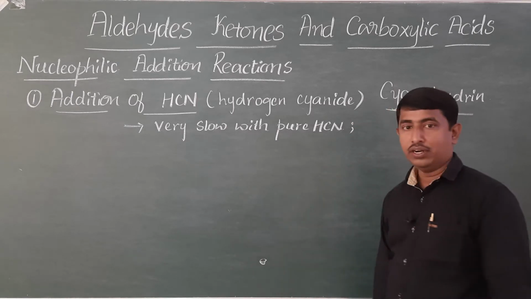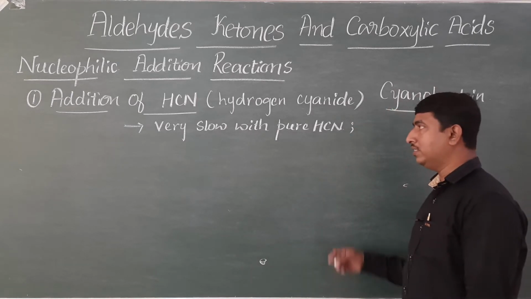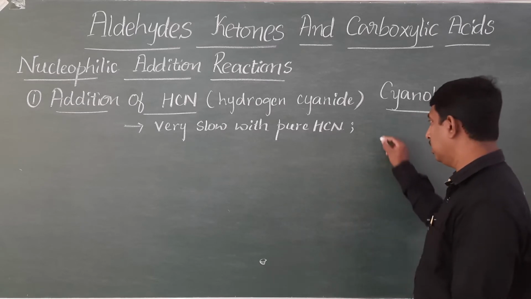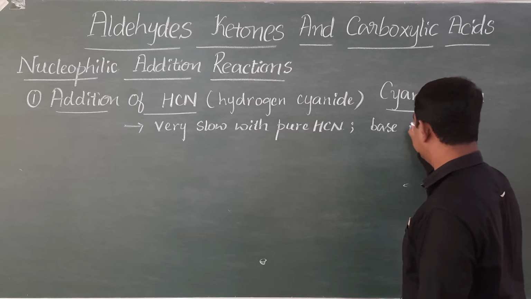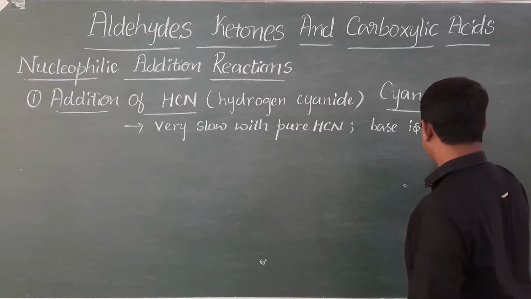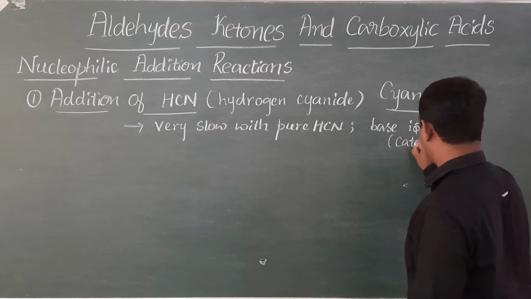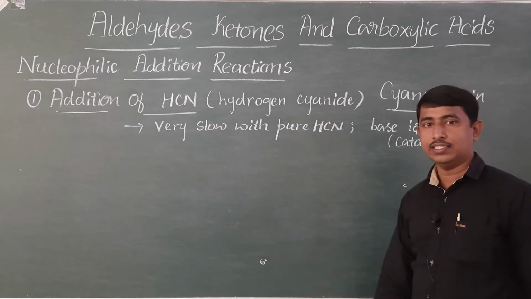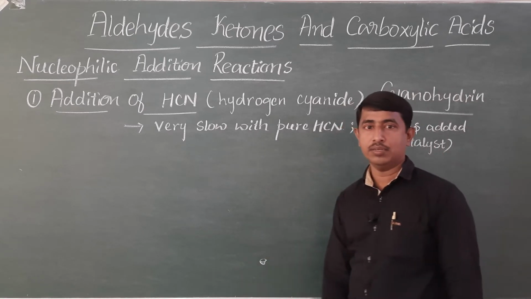So in order to increase the rate of the reaction, a base is added. The role of a base here is that it acts as a catalyst, so the reaction is catalyzed by a base.